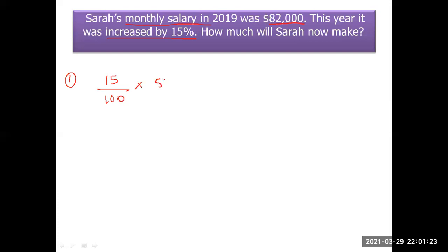Again, I say we can either change our percentage to a fraction or a decimal. Changing it to a decimal is easier, but let me work with the fractions, all right? So we divide through by 100, and that's left us with 15 times 820. 15 times 820 gives us what?